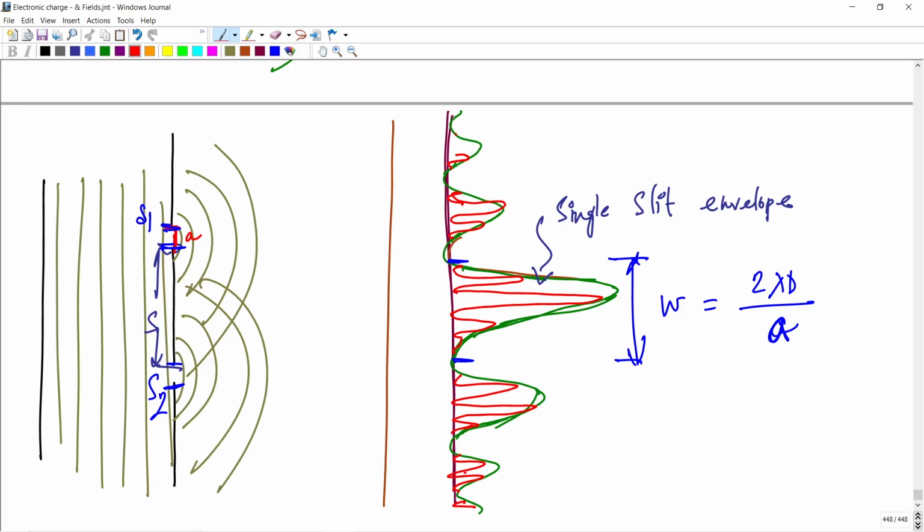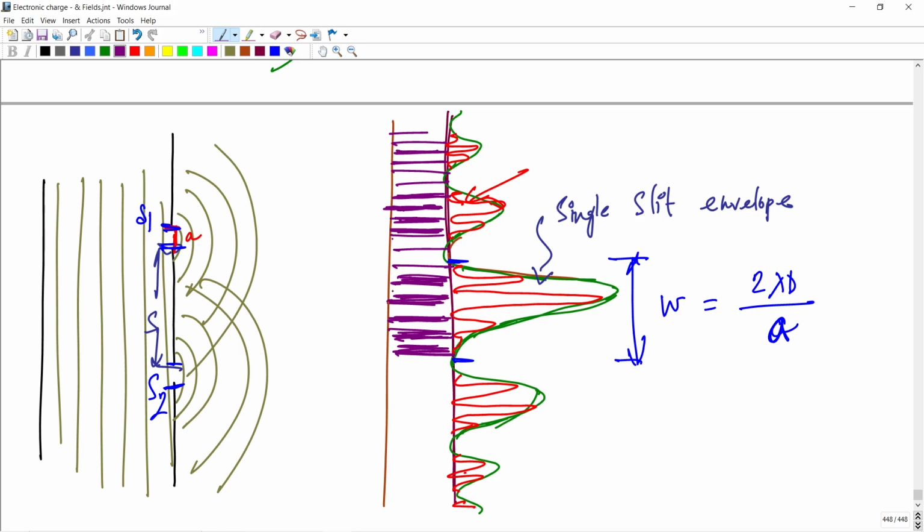So this red color represents interference. The length of these spots is the same here, and the fringes have the same length. Here there are no fringes, and here the fringes have very small length.